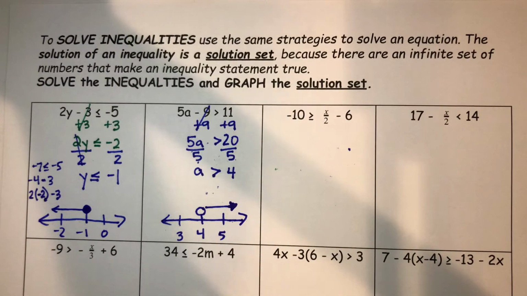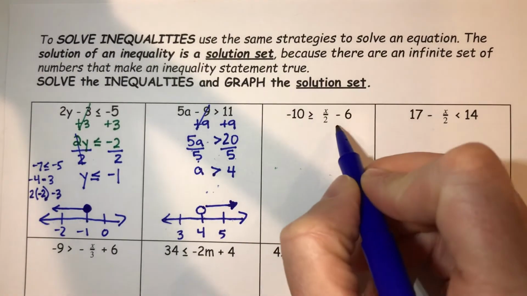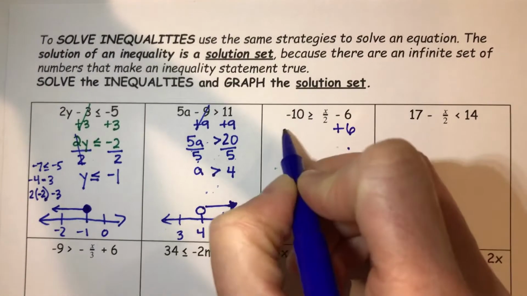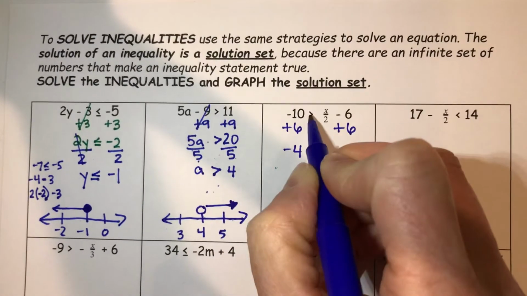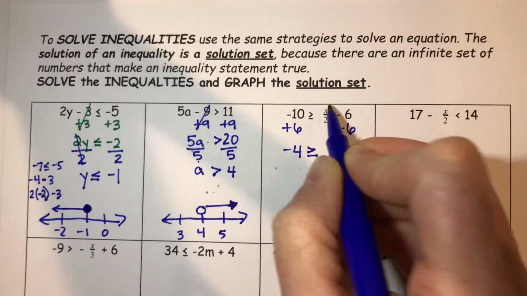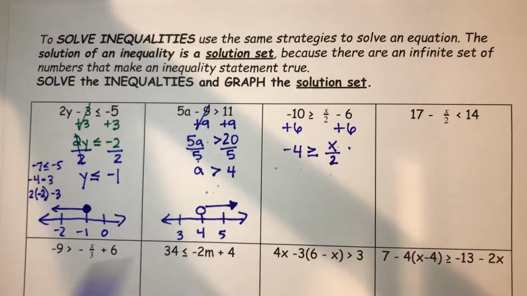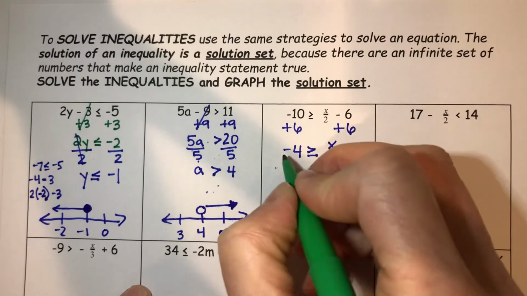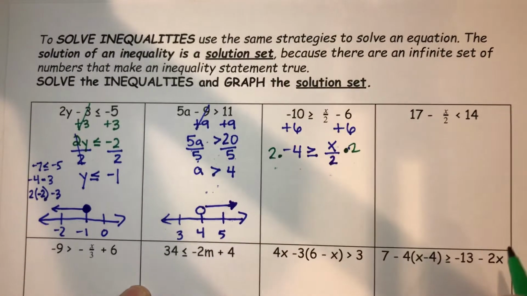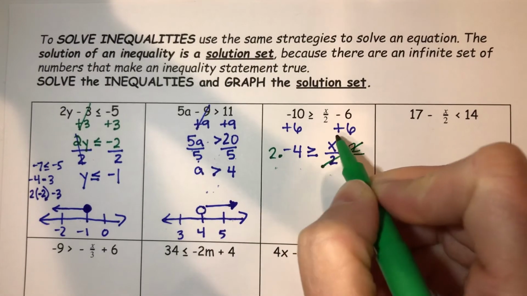Alright, next one. My goal is to isolate x, so the first number I have to get rid of is -6, so I have to add 6 to both sides. -4 is greater than or equal to x divided by 2. To cancel out division, I'm going to multiply by 2, so I need to multiply this side by 2. 2 is like 2 over 1, so that cancels.